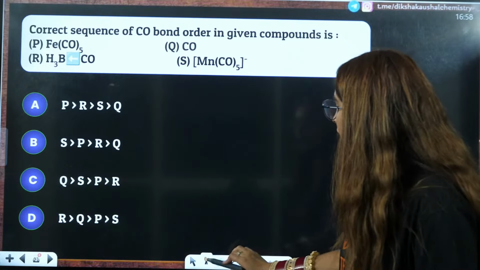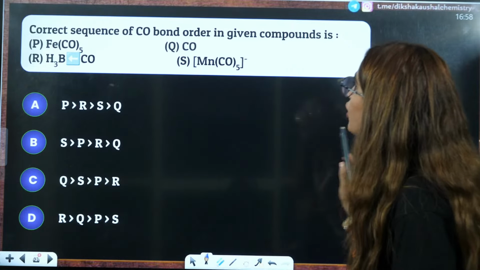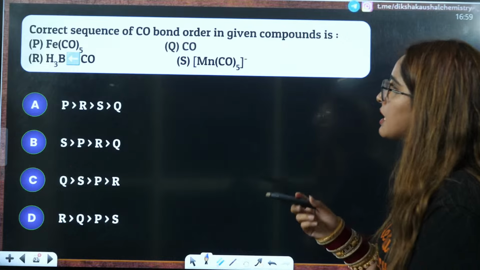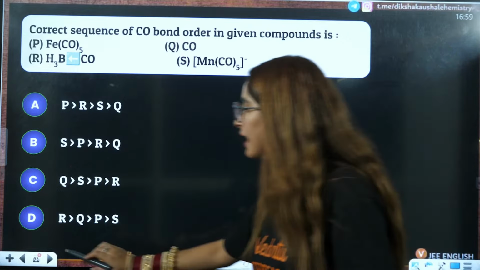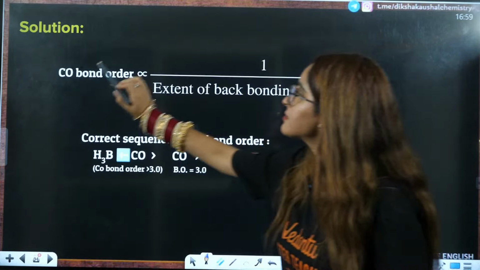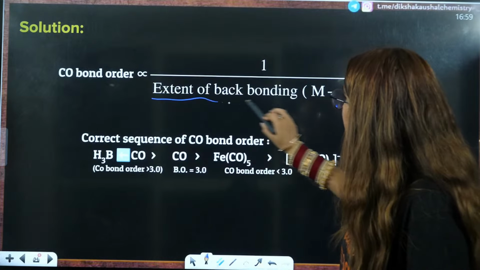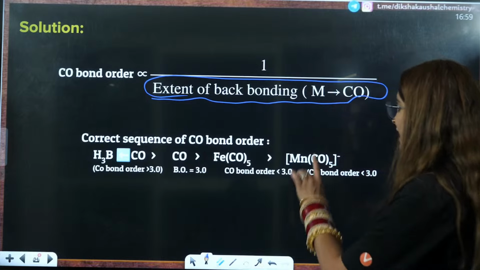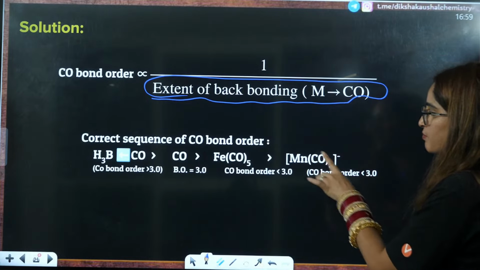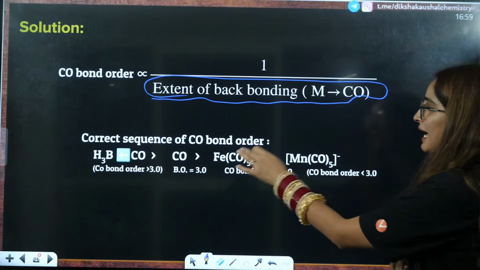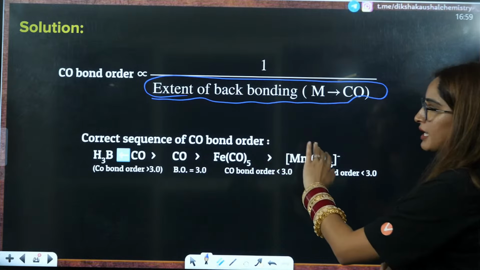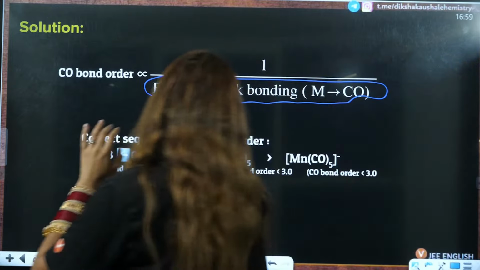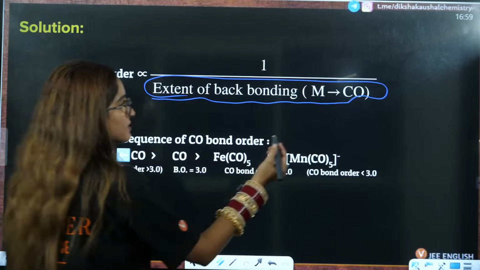Next you have the correct sequence of CO bond order in the given compounds. For this you have to see a very simple thing. The CO bond order is inversely proportional to the extent of back bonding. Now, in manganese, the back bonding is maximum, right? In iron, let me tell you the order of back bonding first.